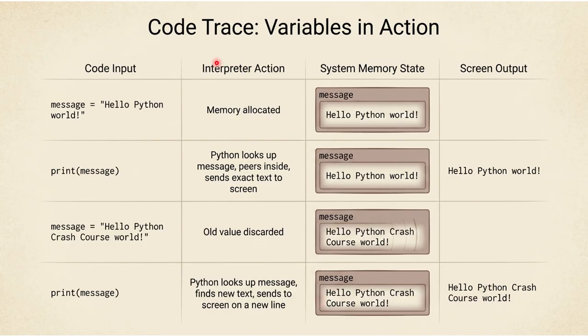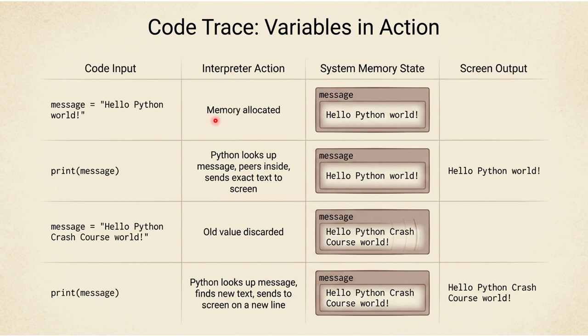Next we will go through the tracing of how variables actually work. Here we have four columns. First one is code input, then what the interpreter does, how it's stored in memory, and what we see on the screen. First we wrote message is equal to hello python world.